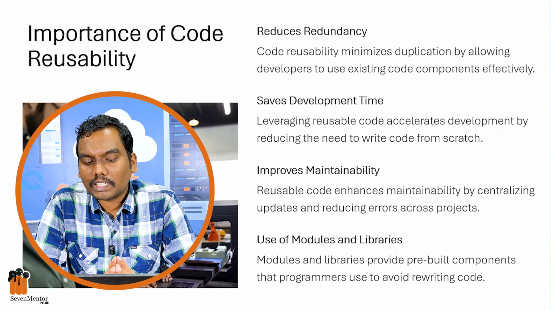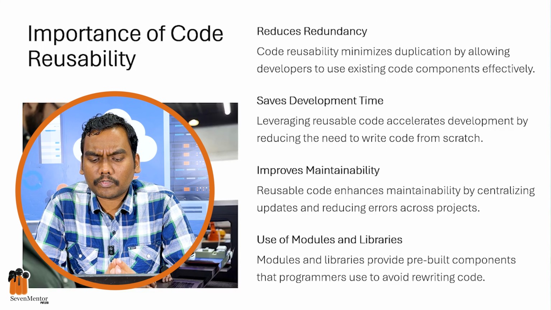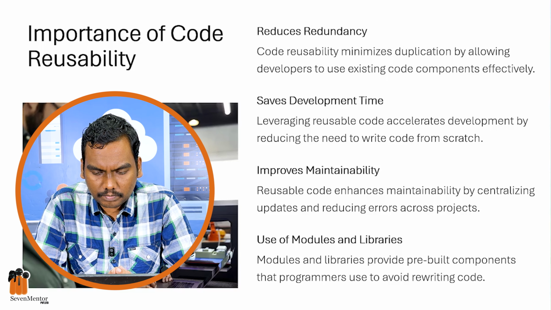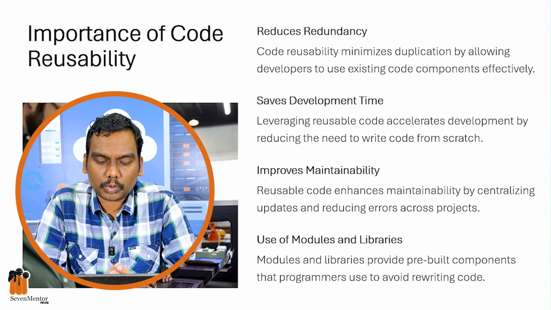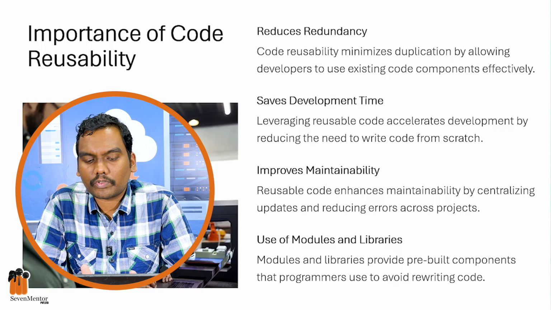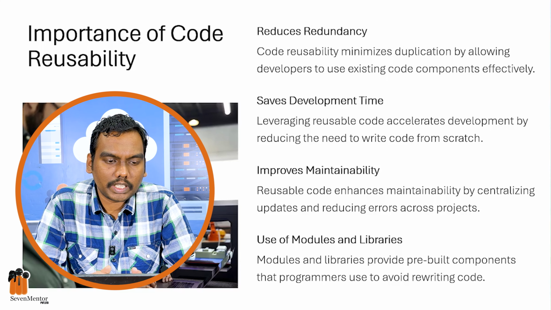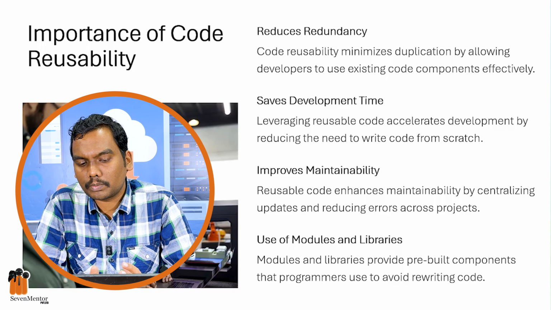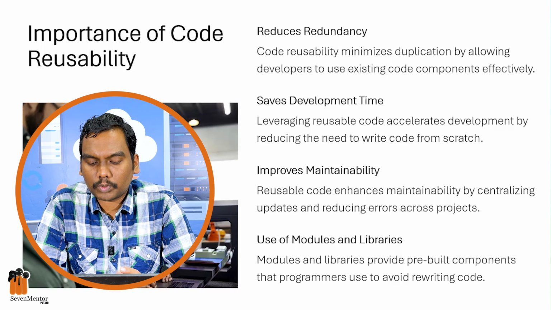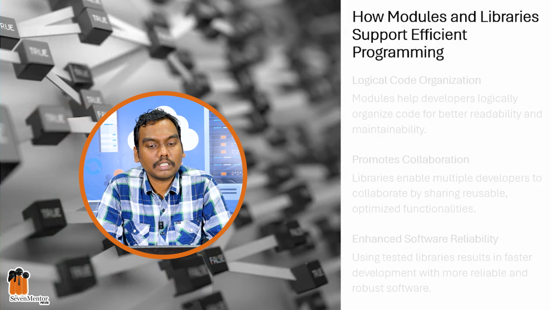With the use of modules and libraries, we are just using predefined components where we don't need to redevelop everything, so it will definitely save our time. So in the importance of code reusability, we discussed that it reduces redundancy, saves development time, improves maintainability, and helps us in time management.